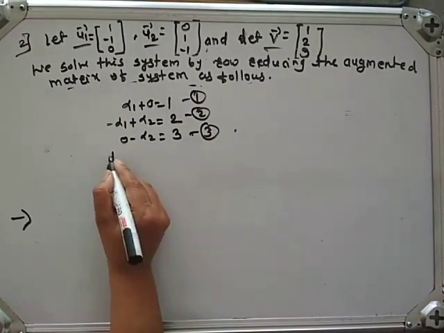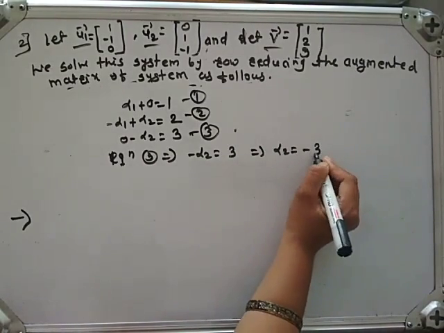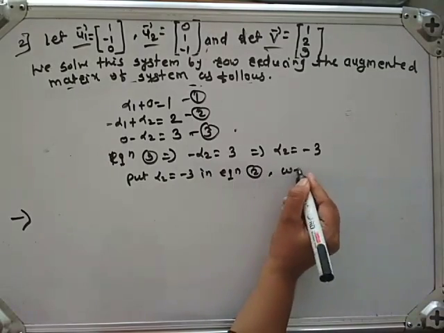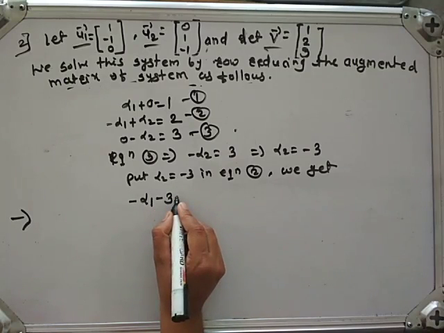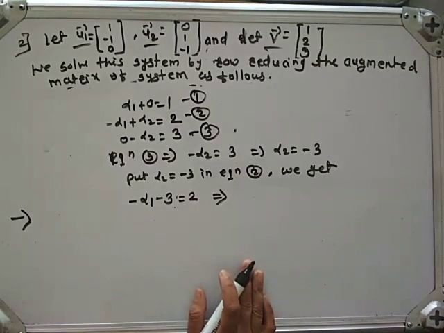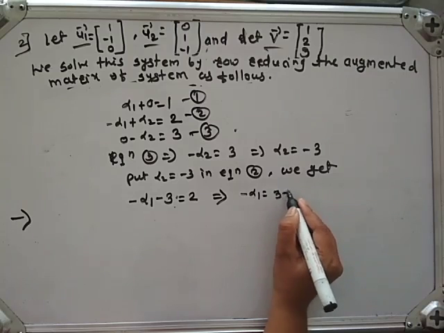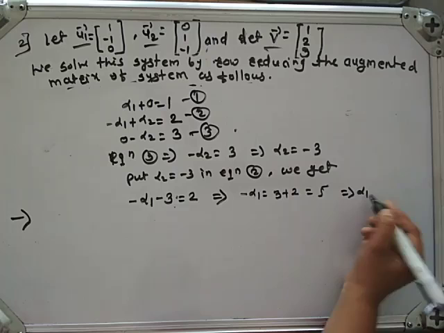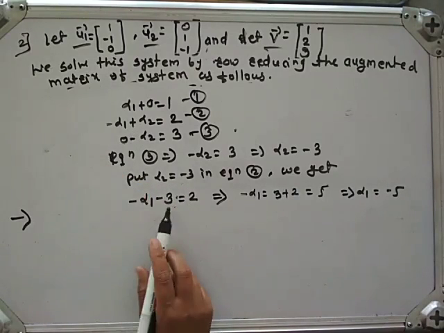From equation 3, minus alpha 2 is equal to 3, which implies alpha 2 is equal to minus 3.